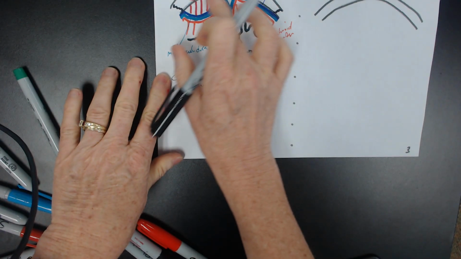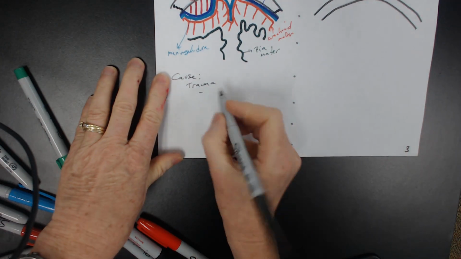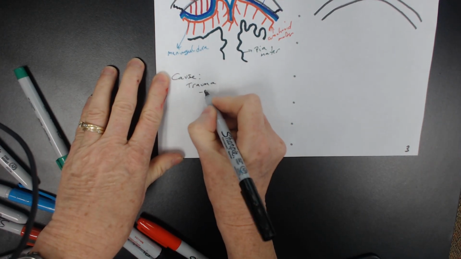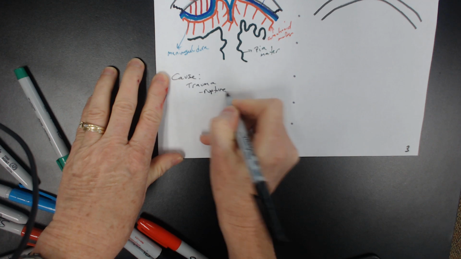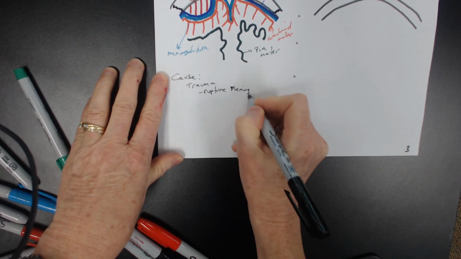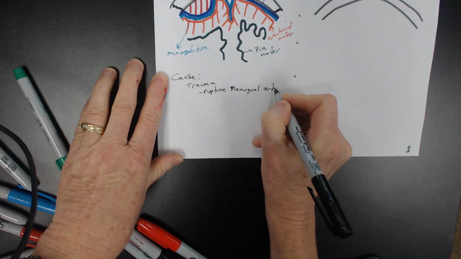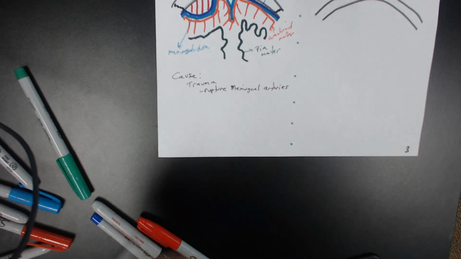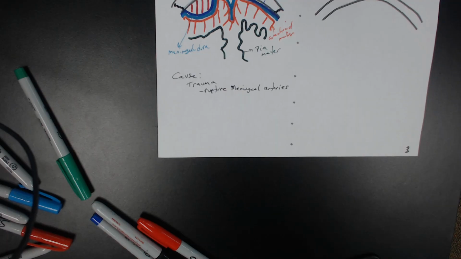This periosteal dura layer is highly vascular. And so the trauma causes a rupture of meningeal arteries. In that specific area the blood starts to pool between the sutures of the skull. And that pooling of blood causes compression of the brain.